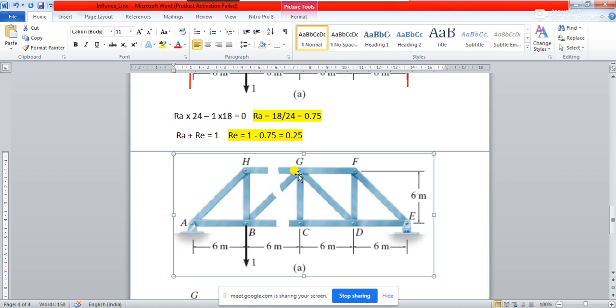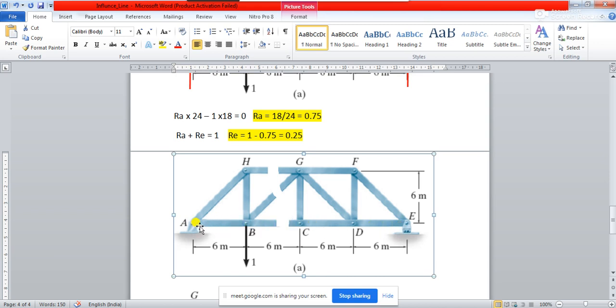Exactly the same process you will now have to follow for the other points. What are the other points? Someone tell me. Point C, point D and point E. Point E, not F. Why F?